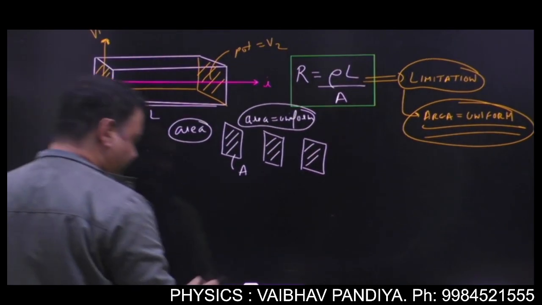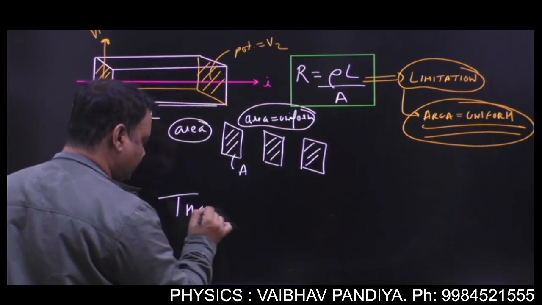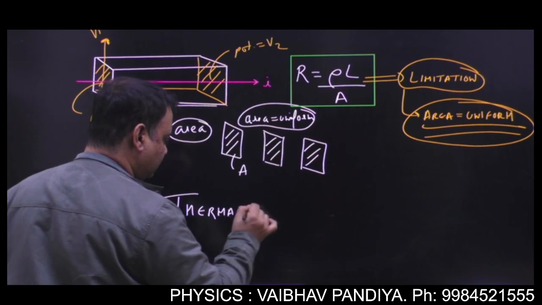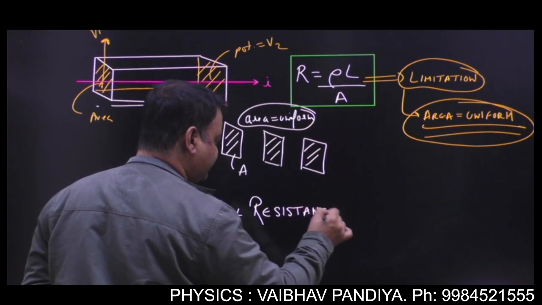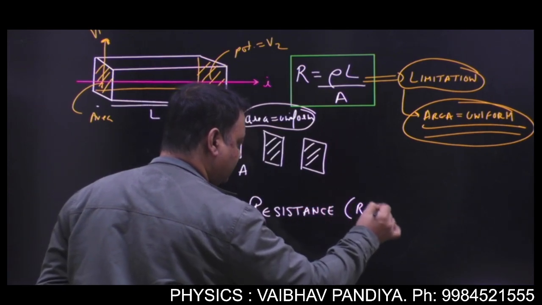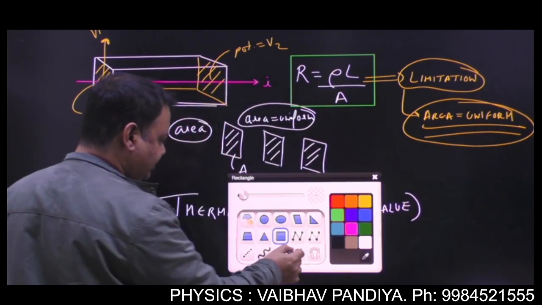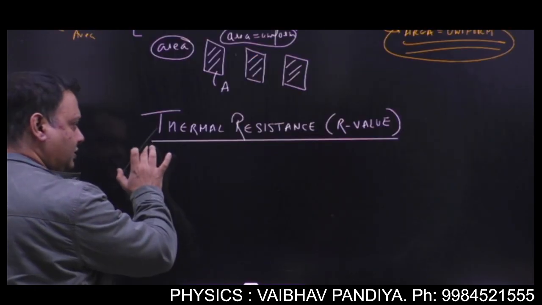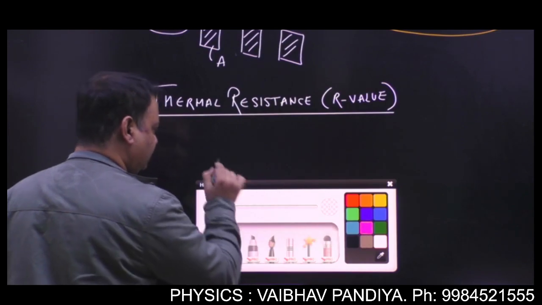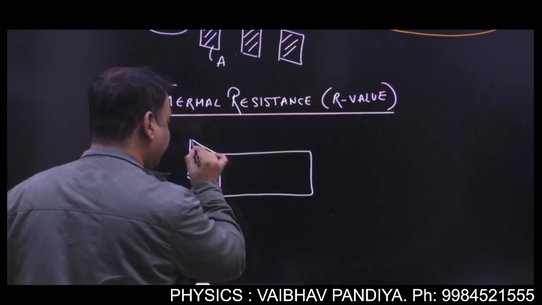So in the same way, now we can define thermal resistance, or you can say the R value. Got it? So suppose we have a slab of uniform area.